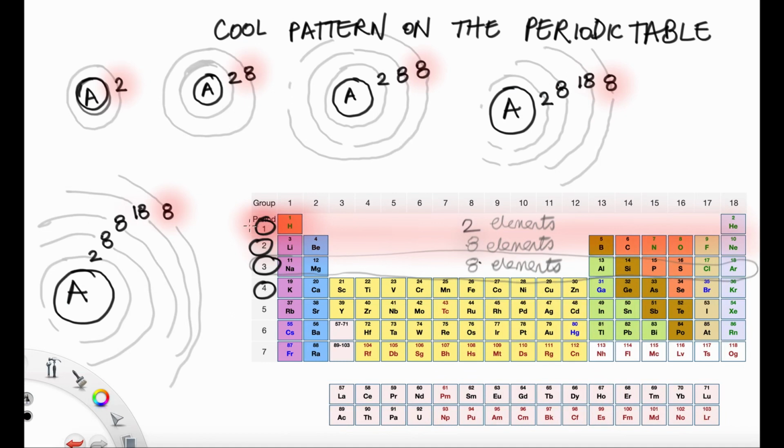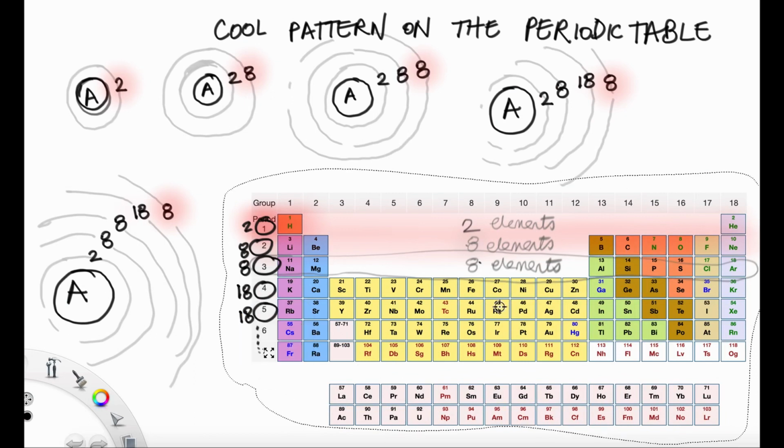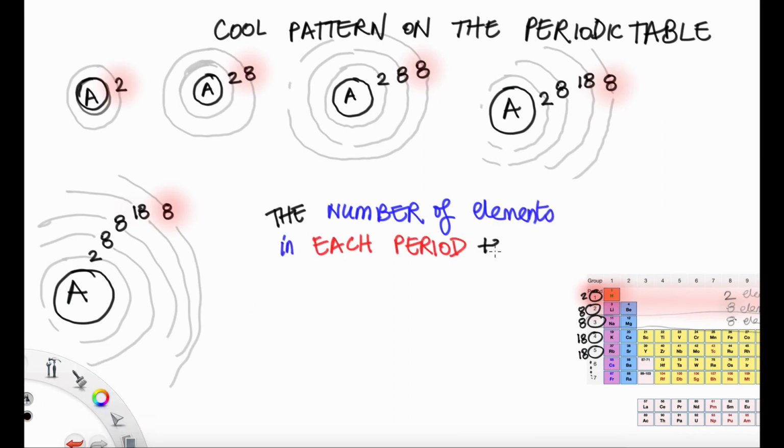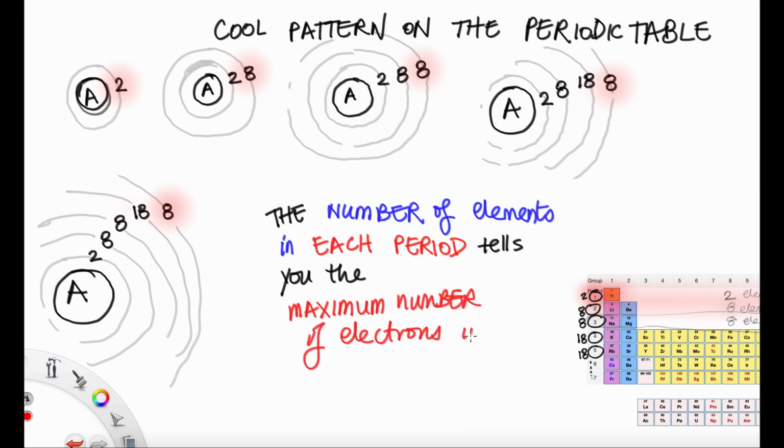And there's 18 elements in the fourth row and 18 elements in the fifth row. So notice that the number of elements in each period tells you the maximum number of electrons in orbit.